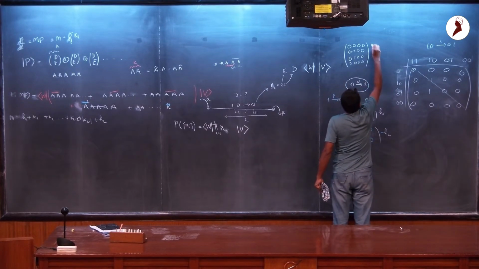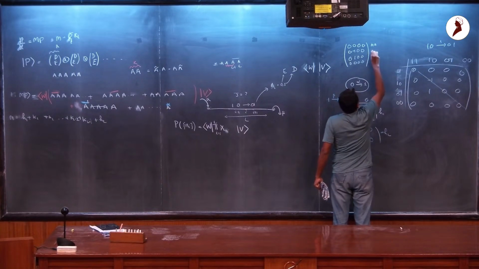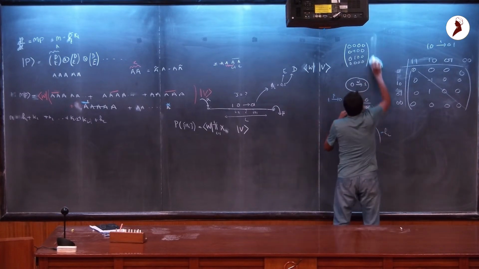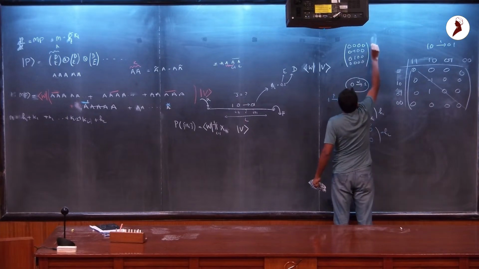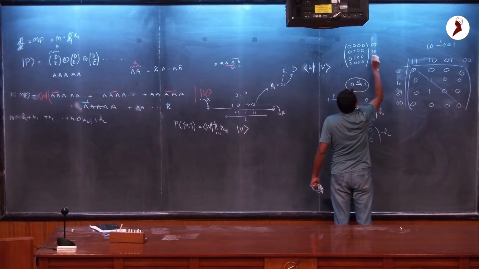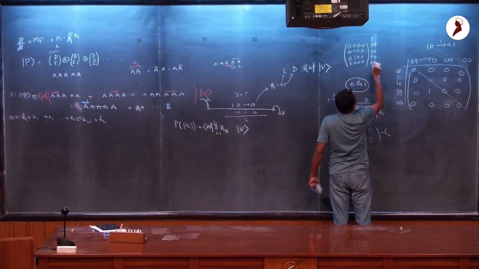So this is A, now it is DD, 1, 0, DD, DE, ED, EE.